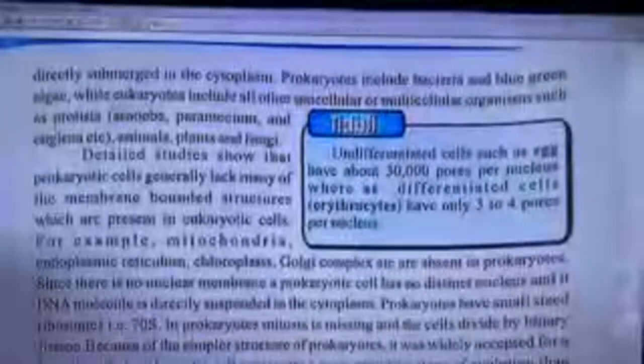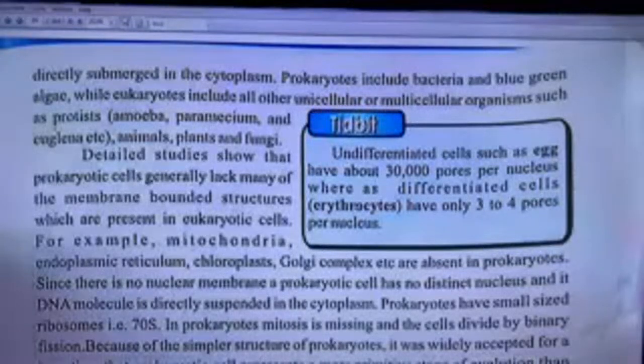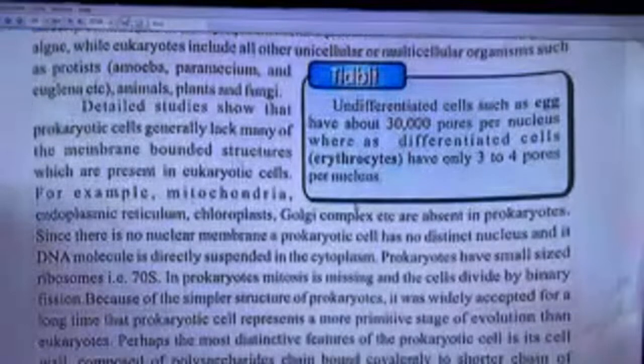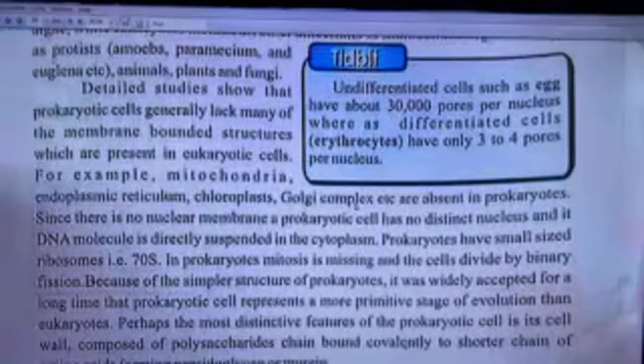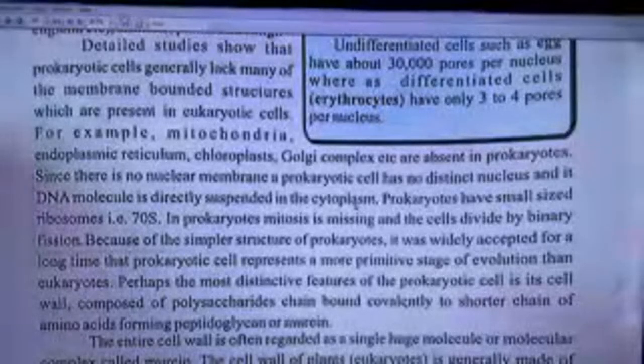Prokaryotes include bacteria and blue-green algae, while eukaryotes include all other unicellular or multicellular organisms such as protists, animals, plants, and fungi. Studies show that prokaryotic cells generally lack many of the membrane-bounded structures which are present in eukaryotic cells.